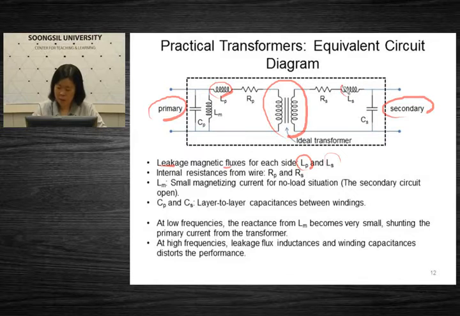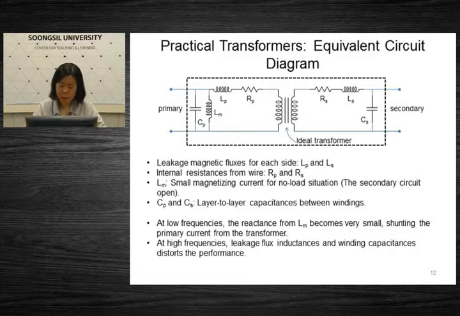So they represent the leakage magnetic flux. Also, since we have many wires, they may create internal resistance. These internal resistances are represented by the primary resistance and secondary resistance symbols.